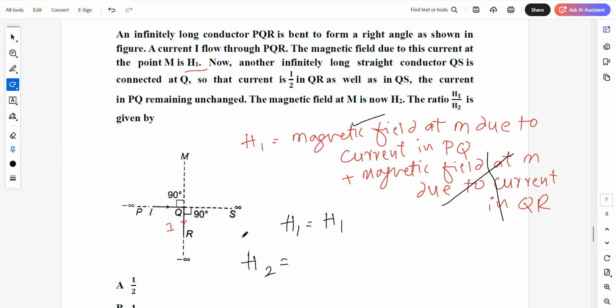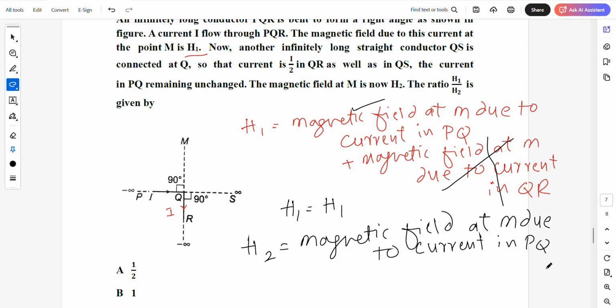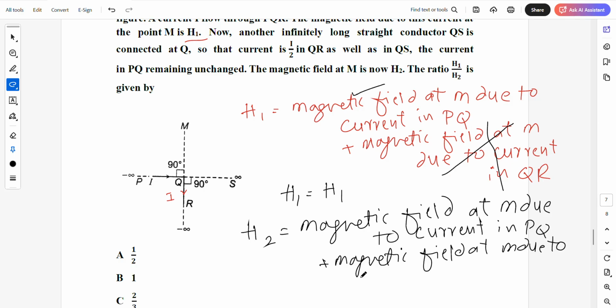In case of H2, what is happening? Magnetic field at M due to current in PQ plus magnetic field at M due to QR plus magnetic field at M due to QS.